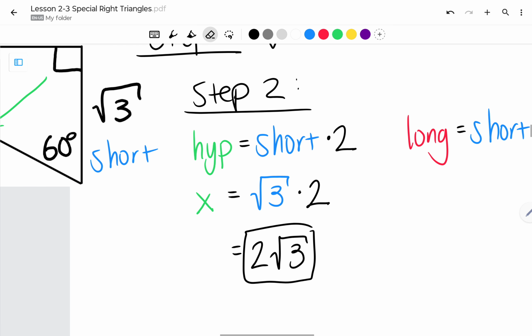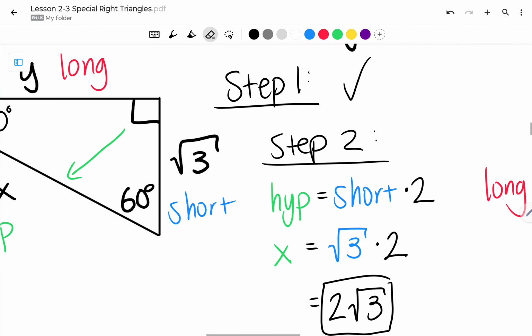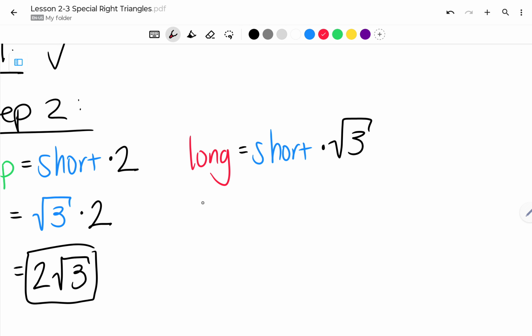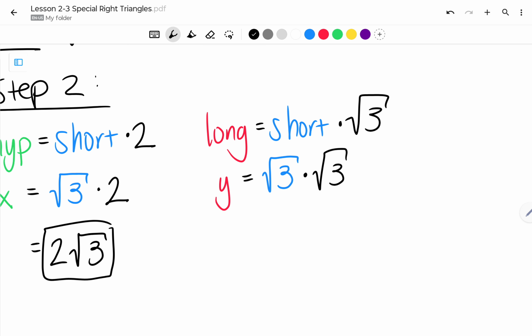Let's try the long formula, right? The long is y. So if I plug in y here, equals, the short side is square root 3 times square root 3. When you have 2 numbers that are square roots and you're multiplying them together, you literally just go ahead and multiply them.